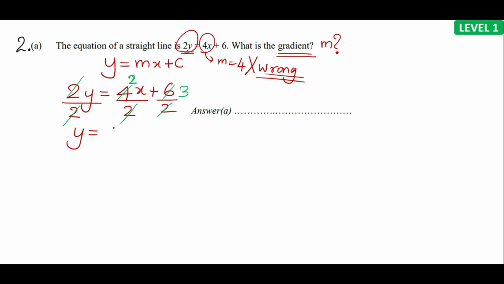Now my equation is going to be 2x plus 3. Now I can compare it with the y equals mx plus c form, and I can see y equals 2x plus c, which is telling me my gradient is equal to 2. Moving on to the next question.